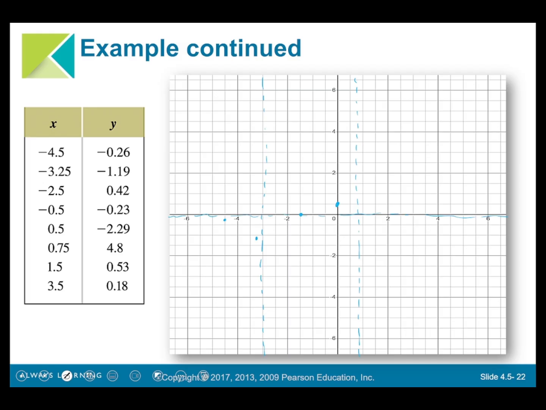And negative 2.5, 0.42. And negative 0.5, negative 2.29 would be about right here.